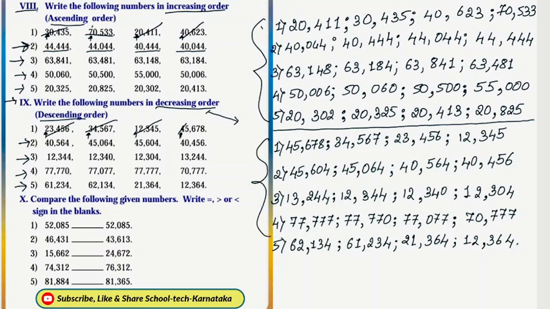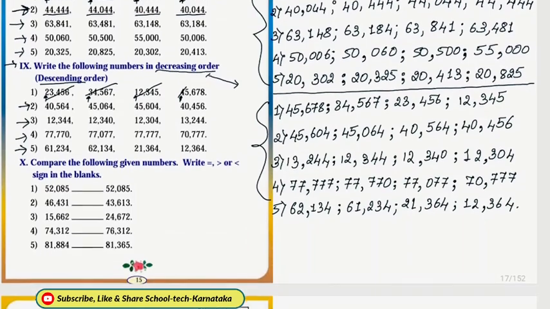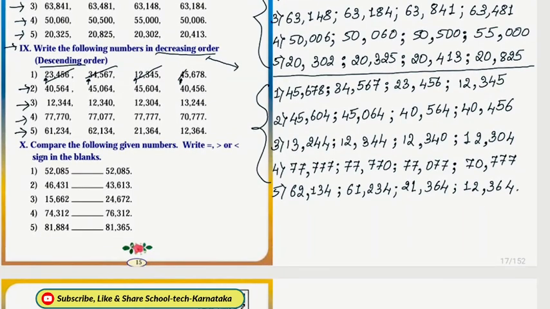So our last exercise of this unit is to compare the following given numbers and write the equal to, greater than or smaller than sign in the blanks. You know this is equal to, and this is the greater than symbol, and this is the smaller than symbol.